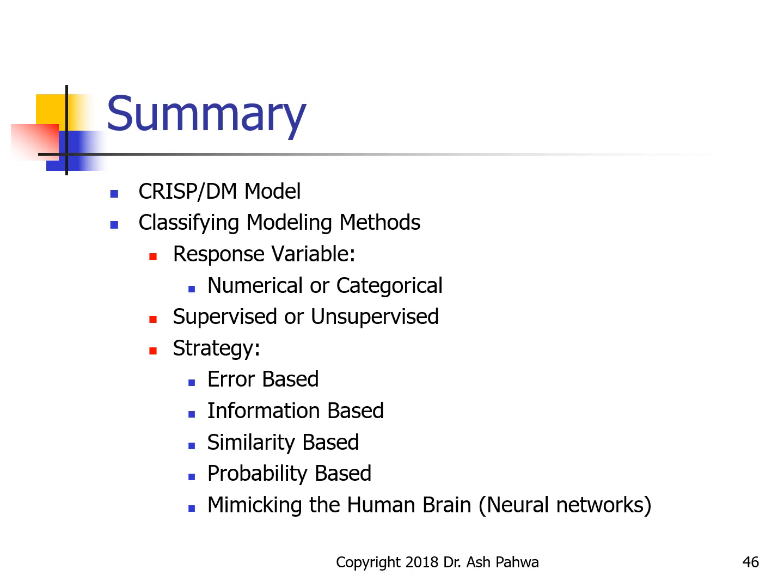There are many different strategies: error-based, information-based, similarity-based, probability-based, and also mimicking the human brain. These are the different strategies used to build these models. And we are going to cover most of these models in a lot more detail later on.